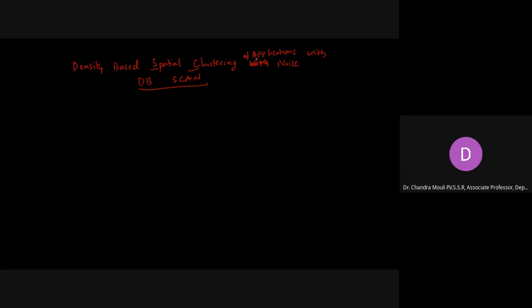So we call this DBSCAN. Taking the letters D, B, S, C, A, N, it is a density based clustering algorithm. It is similar to mean shift, but what changes from mean shift is that it has some advantages also.